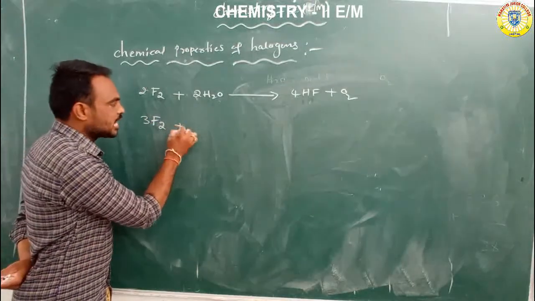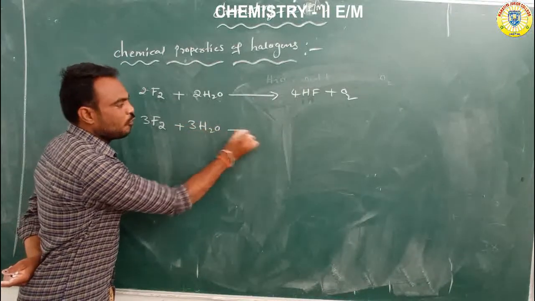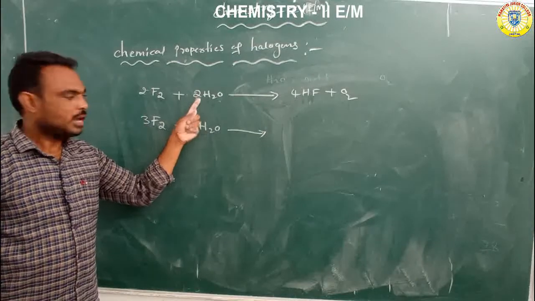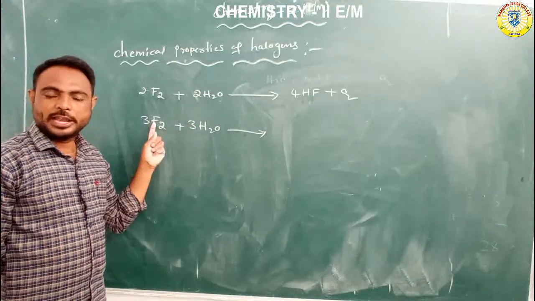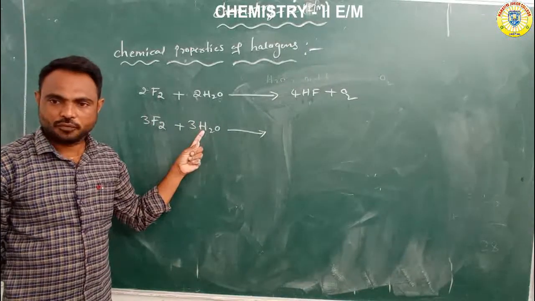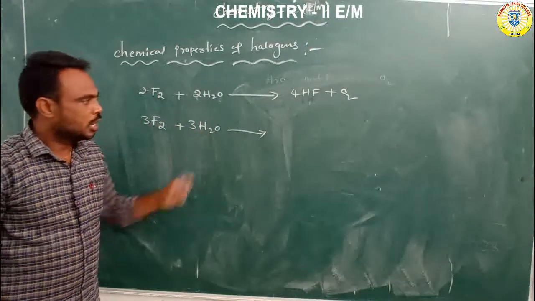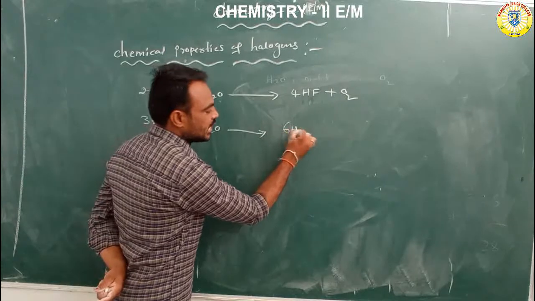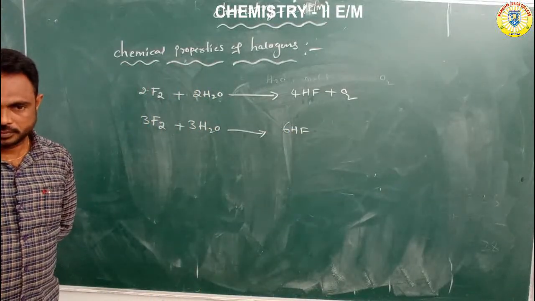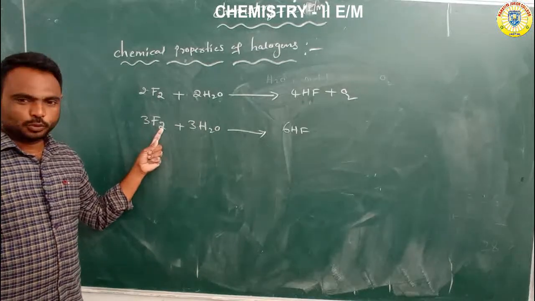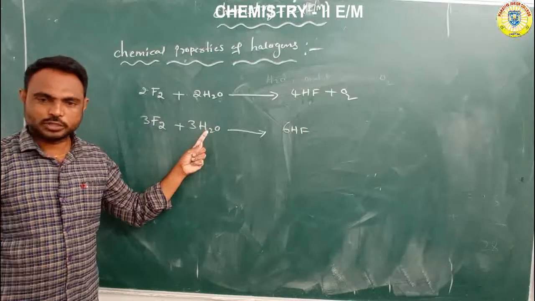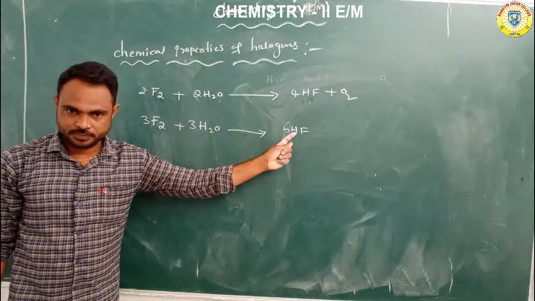This fluorine reacts with 3 moles of water molecules. We had 2 moles before, but when a high quantity of fluorine reacts with 3 moles of water molecules, in this reaction we get 6HF, hydrogen fluoride. So 3F2, 6 fluorines, 3H2, 6 hydrogens form 6HF.